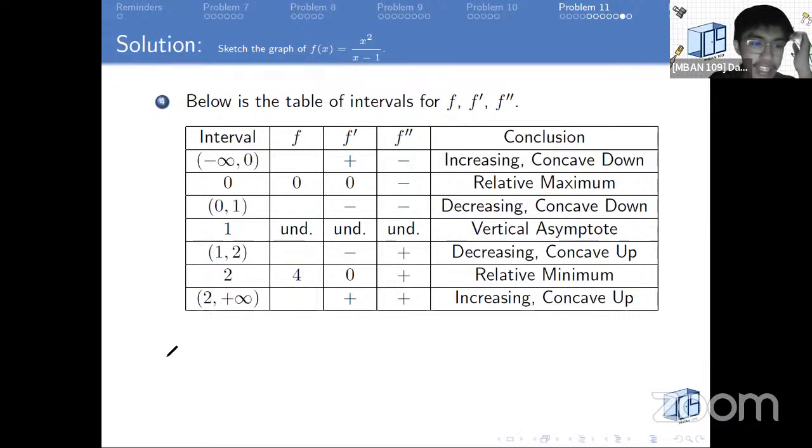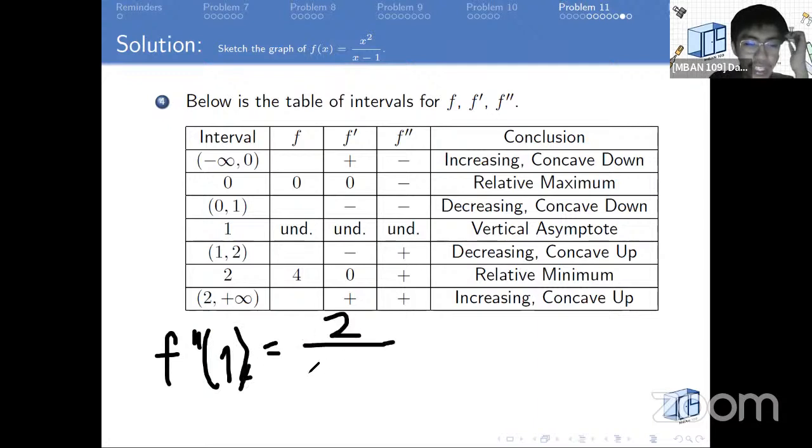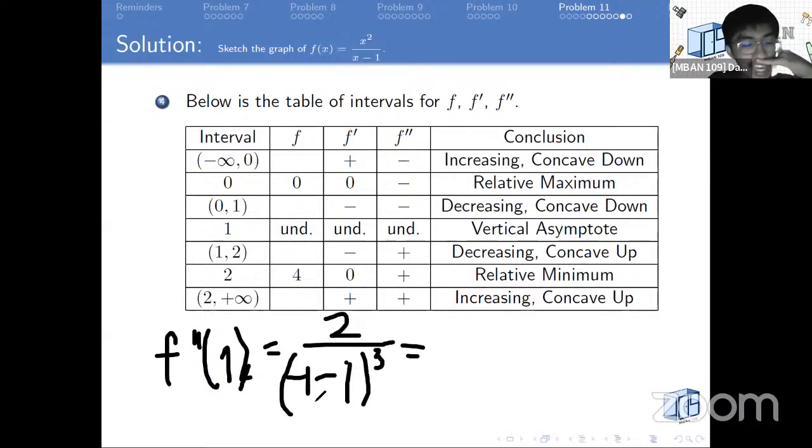So gagawin natin f double prime of negative 1 equals 2 over negative 1 minus 1 cube. And clearly, yung negative 2 siya, tas raised to 3, negative 8. So negative 1/4. Kaya naging negative.